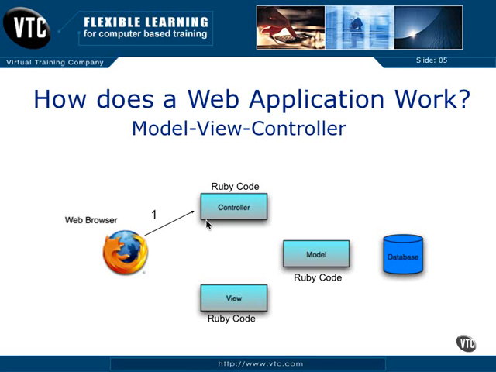The controller is kind of the nerve center for our applications, directing things between the model and our view. The view is the actual implementation of our application that the user sees. This is what gets generated back to our web browser. As such, a view isn't just HTML in the case of Rails.